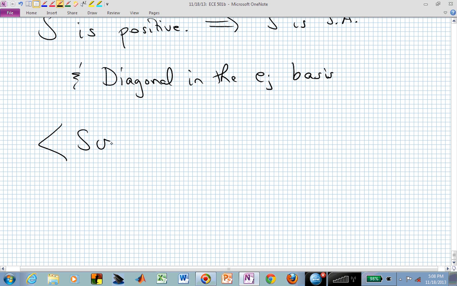Consequently, if we looked at the inner product of S V with V, that's actually going to be the sum over j of these a sub j squared, square root of lambda sub j, and that's greater than or equal to 0.